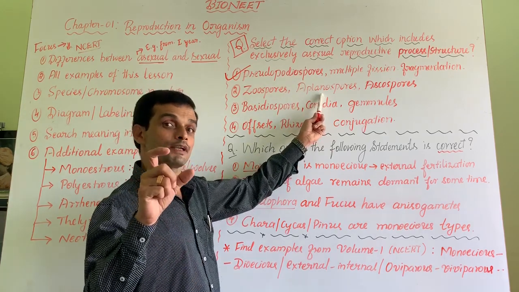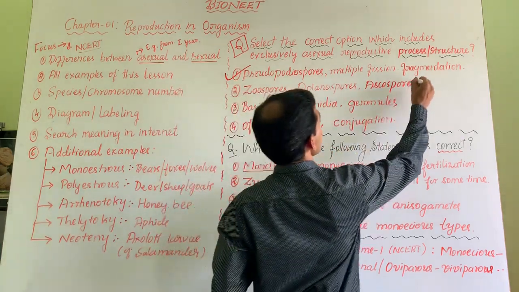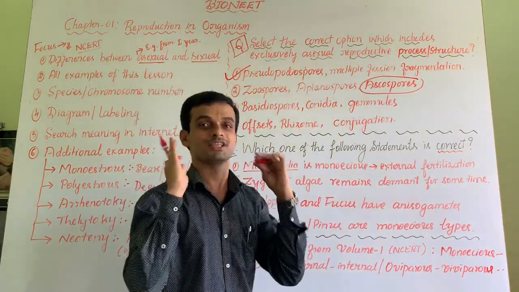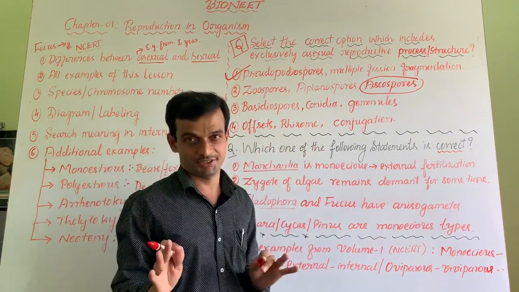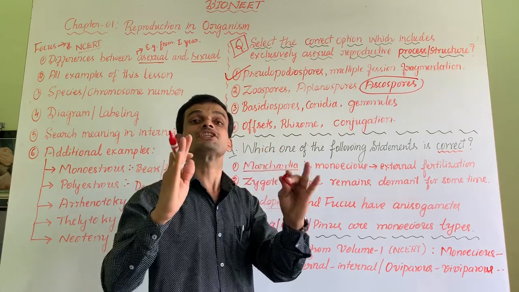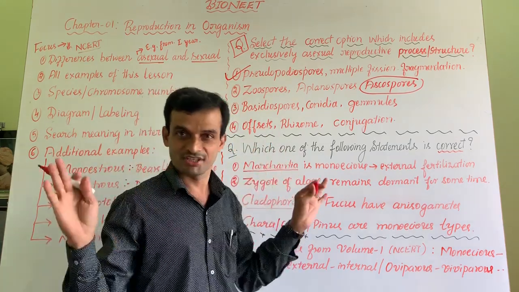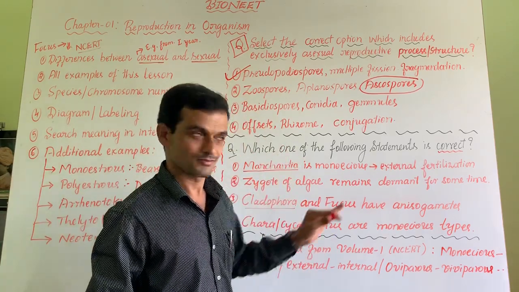Aplanospores are found in phycomycetes. Both are asexual, but ascospores are not asexual, they are sexual. Reason: ascospores are formed by meiosis. I am talking about the sexual phase of the life cycle of fungi. In ascomycetes, after plasmogamy and karyogamy, there is meiosis.